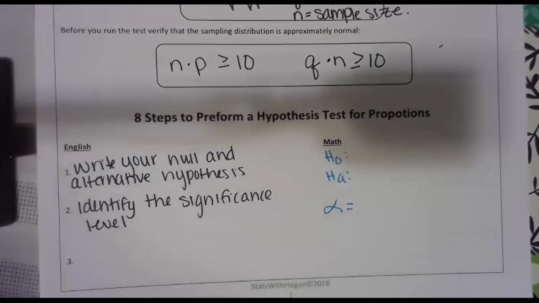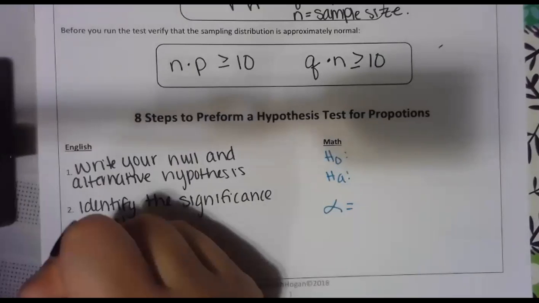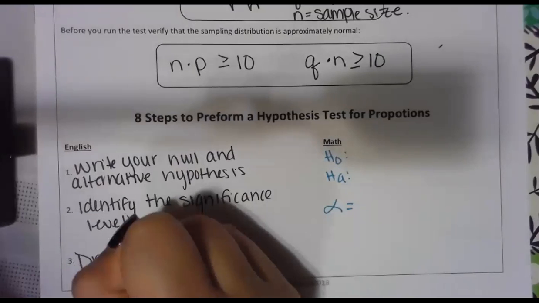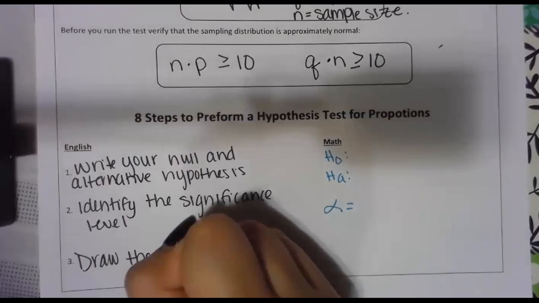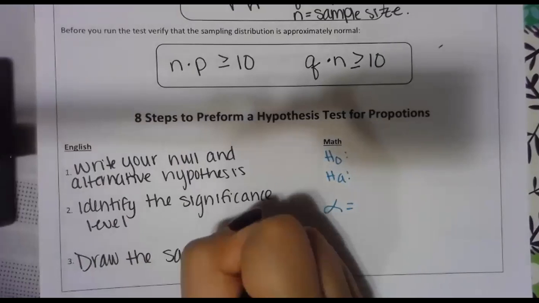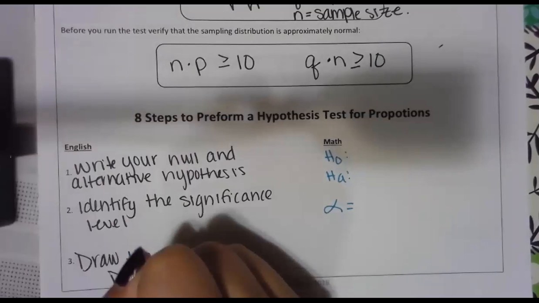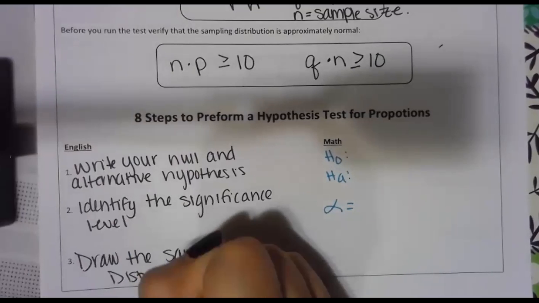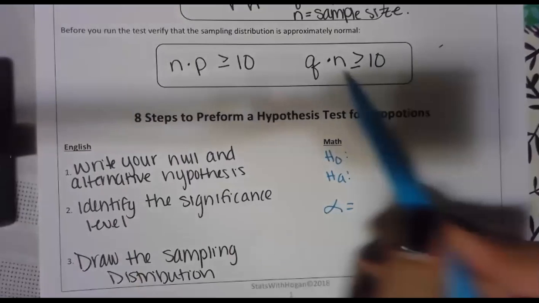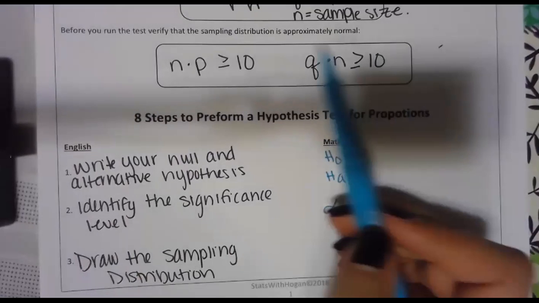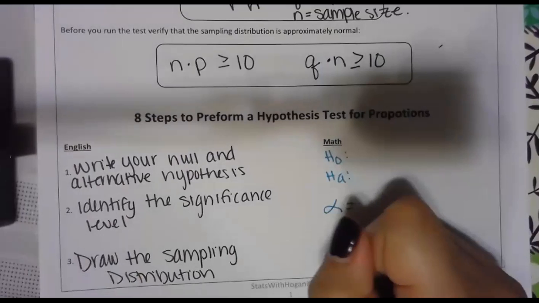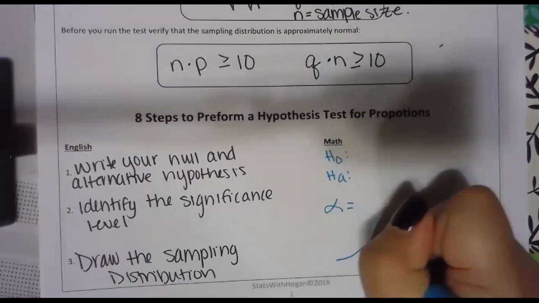And then we're going to draw the standardized sampling distribution. You can use this normal curve because we already proved that you're approximately normal. And you can only use this bell curve if you are approximately normal.